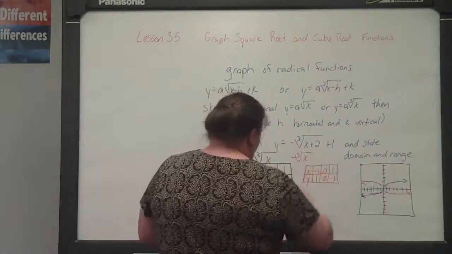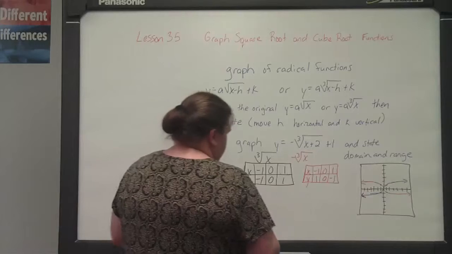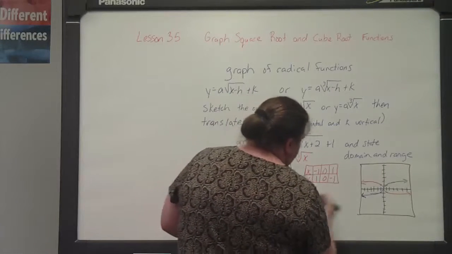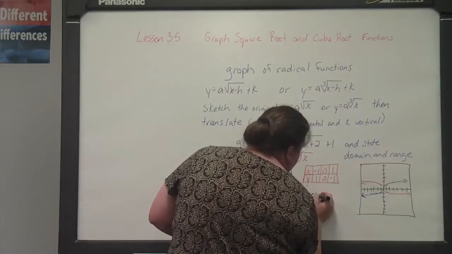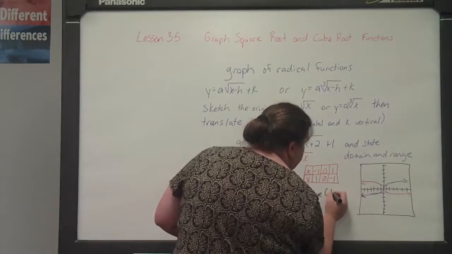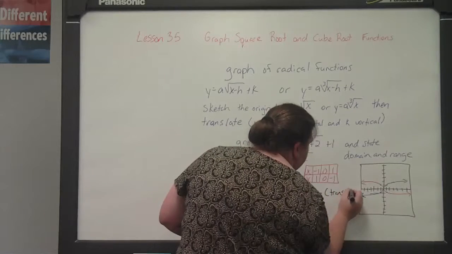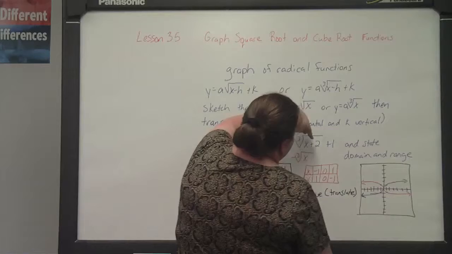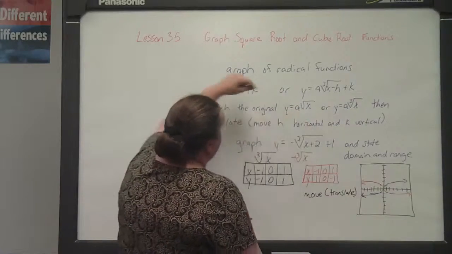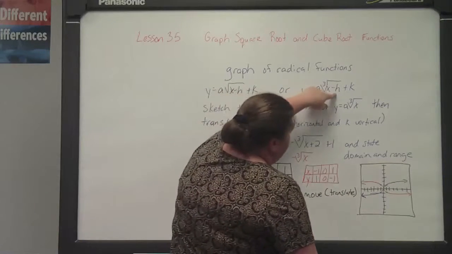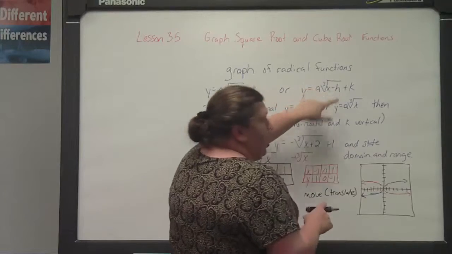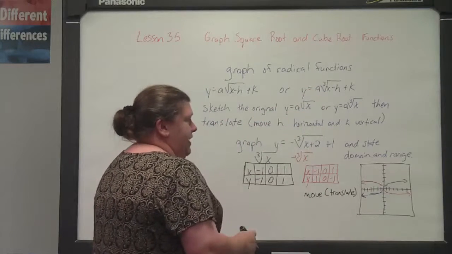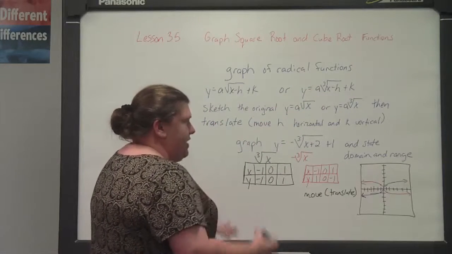From the red, what we want to do is move or translate, because this says plus 2, but the original says minus h. So to go from a minus to a positive, that means that we have a minus and negative.